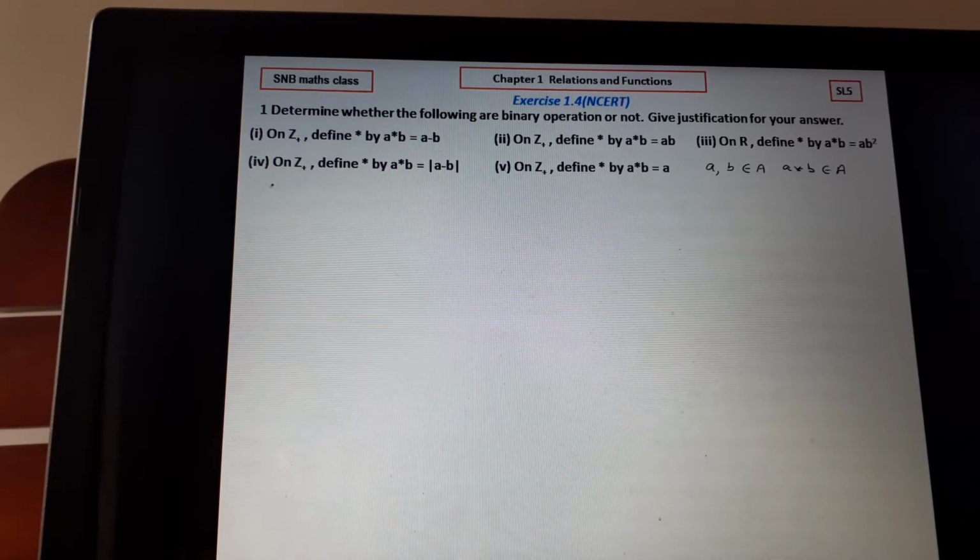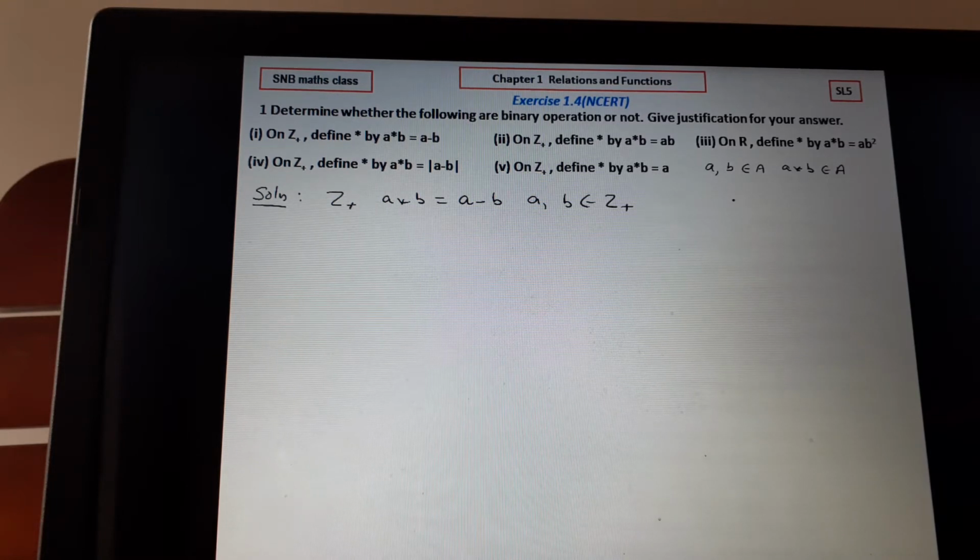Let us take the first question. First question is Z plus, and the binary operation is: A star B equal to A minus B, A, B belonging to Z plus. Actually Z plus means the set of natural numbers 1, 2, 3, 4.